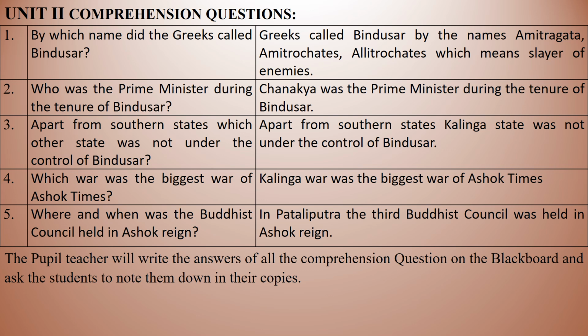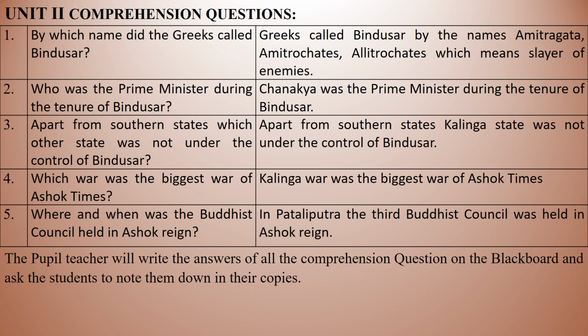The third comprehension question will be, apart from the southern states, which other state was not under the control of Bindusara? The students will answer, Kalinga was not under the control of Bindusara. The next question will be, which war was the biggest war of Ashoka's time?